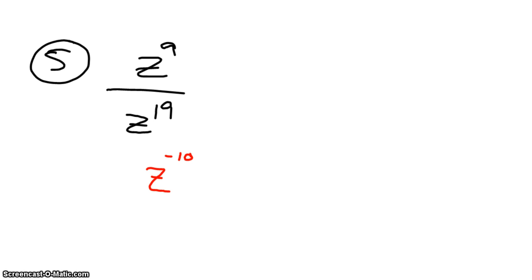Now, z to the negative 10 is a true statement. However, it's not considered simplified when you have a negative exponent. So what would we do to this so that it's acceptable form? You're not allowed to keep a negative exponent in your final answer. Ellie? No, but you are on the right track. Matthew? Good job. 1 over z to the 10.